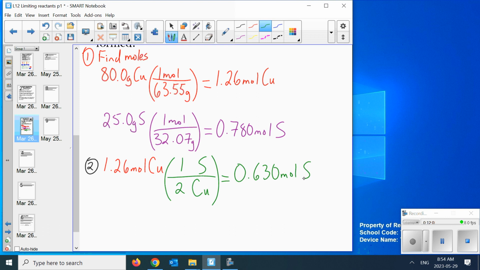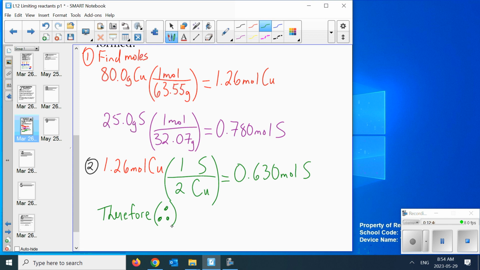So, do we have this amount of sulfur? Yes, we have 0.78 moles of sulfur. And I just randomly chose it. I could have chosen sulfur and it would come out the other way around. But we see that we have more than enough sulfur. That's an excess. So I'm going to make a statement right now. And by the way, you ever see 3 dots to mean therefore? I'm going to put that in brackets and then I'll use that from now on, just in case you're not familiar.